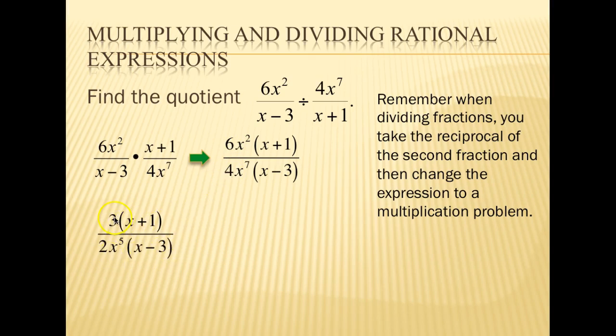At this point you can FOIL. At this point you can distribute the 3 to everything inside the parentheses, and you can distribute this term to everything inside the parentheses, depending on what my math lab wants for their answer.